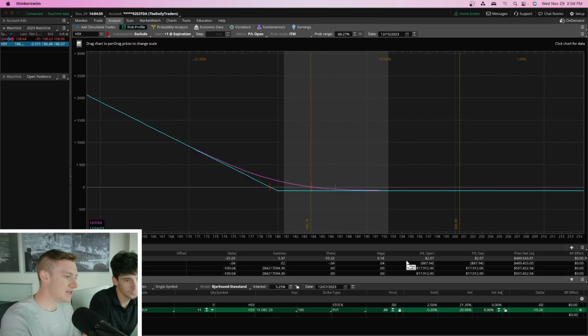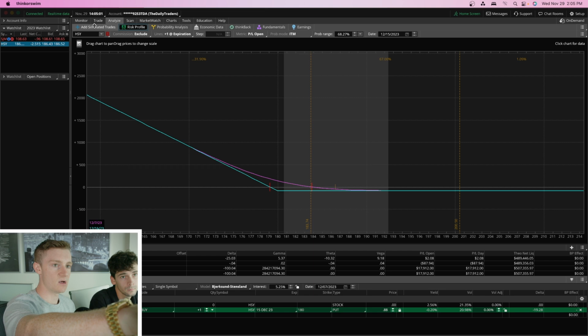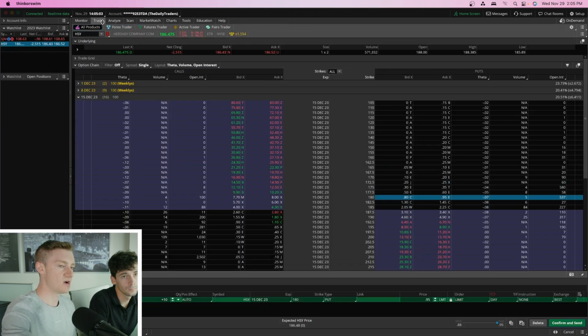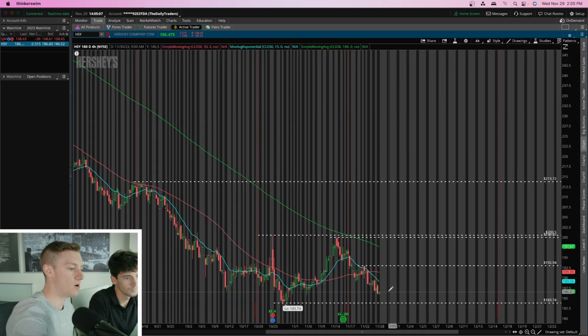No. Okay. The idea here is all we need to be able to do is get the P&L open for our take profit and P&L open for our stop loss, based off of the levels back to active trader that we have set on our chart.